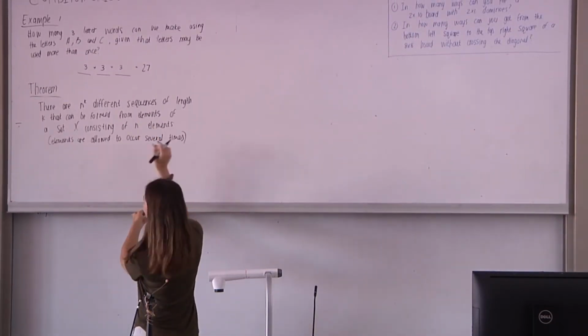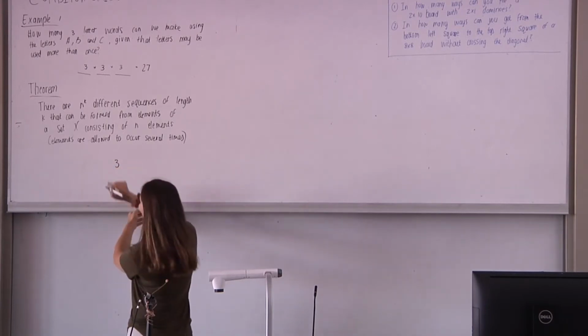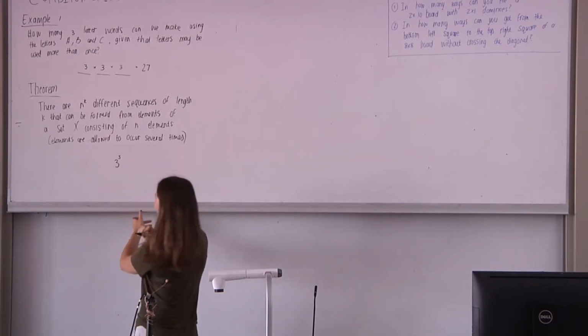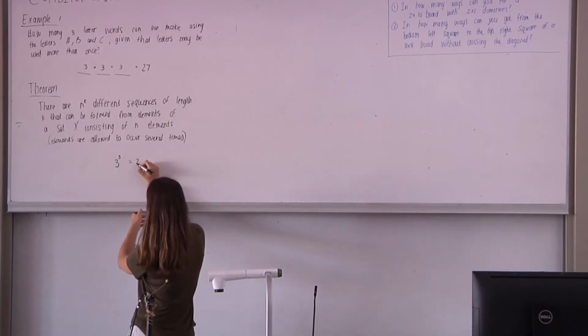In that example, we have 3 elements and also a 3-letter word, so both n and k are 3, and that's how we got to our 27.